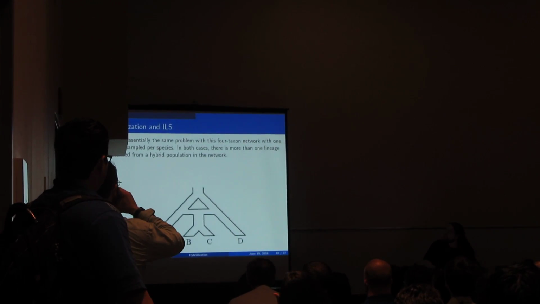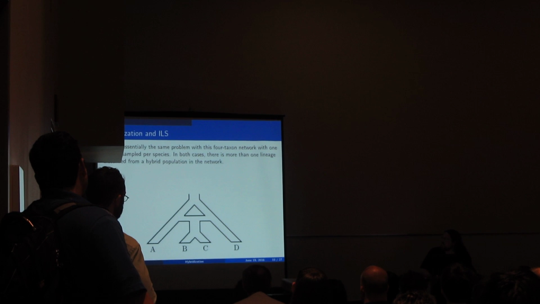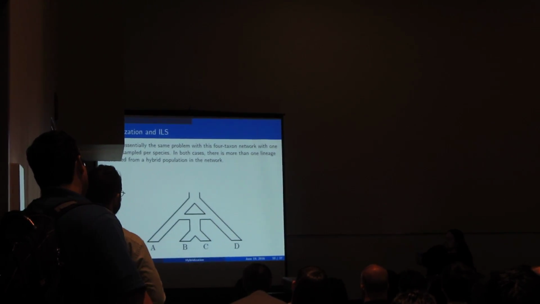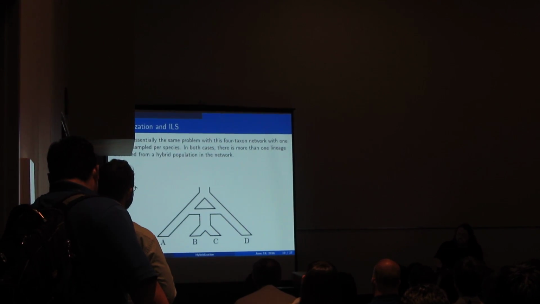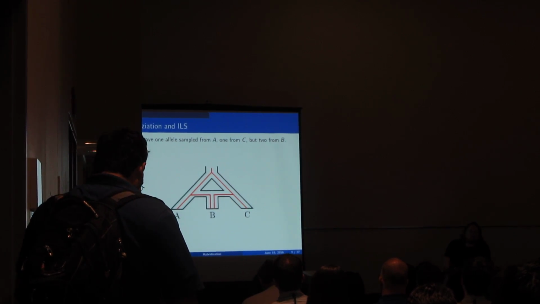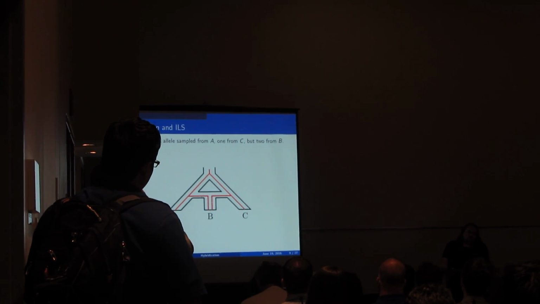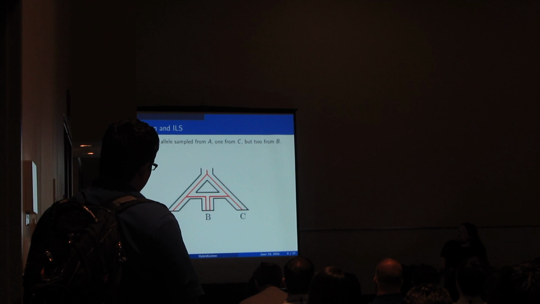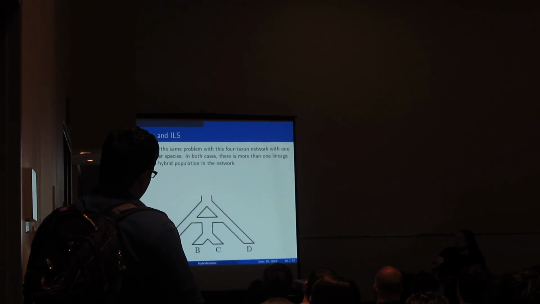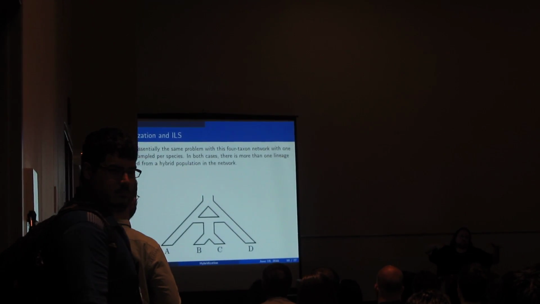Okay. All right, so another extension of this is, instead of having 2 lineages sampled from population B, we can imagine that the hybridized population diverges.